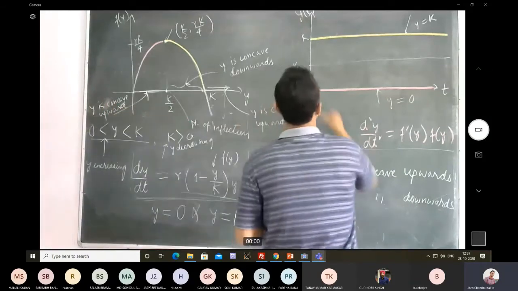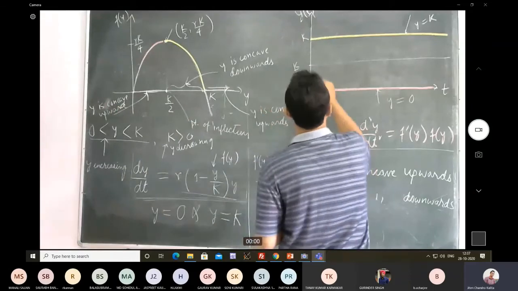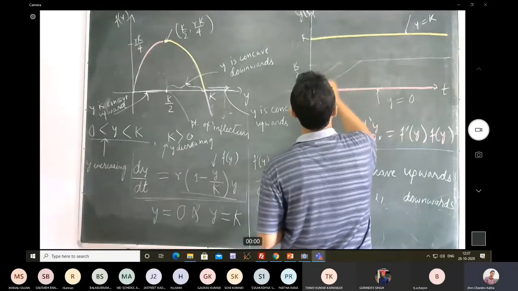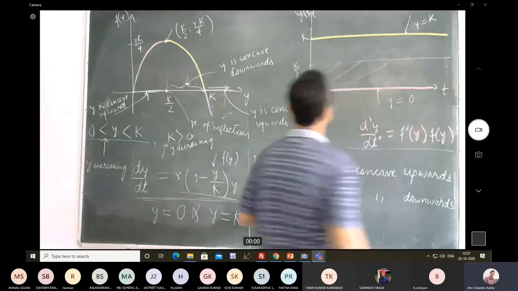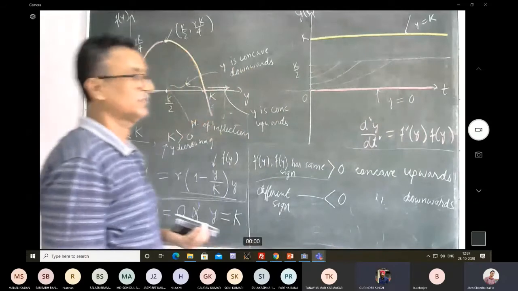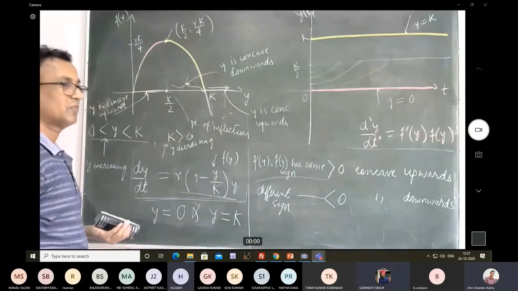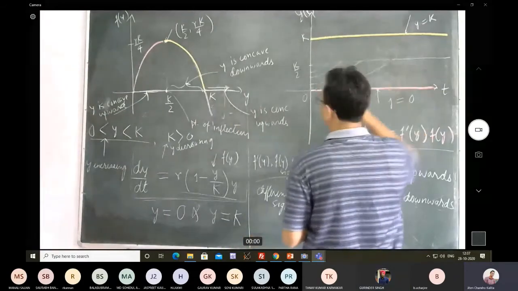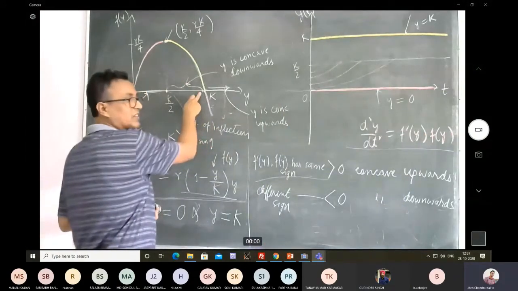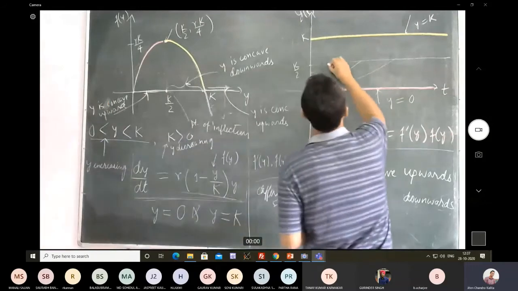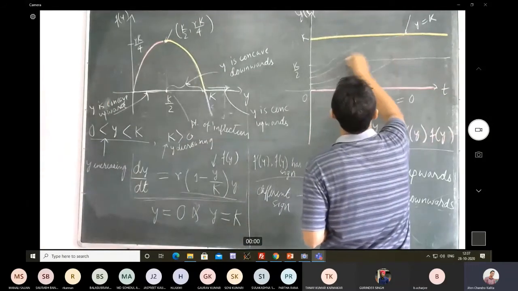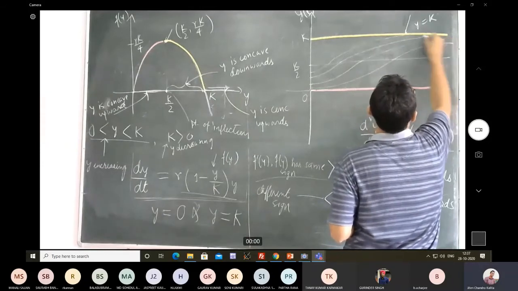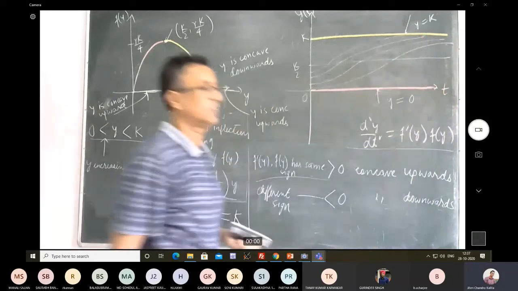So it is going to have some shape like this, wherever it starts. Are you getting my point? Then what is going to happen? Once it crosses this, it is going to be concave downwards. So here it is going to be something like this.